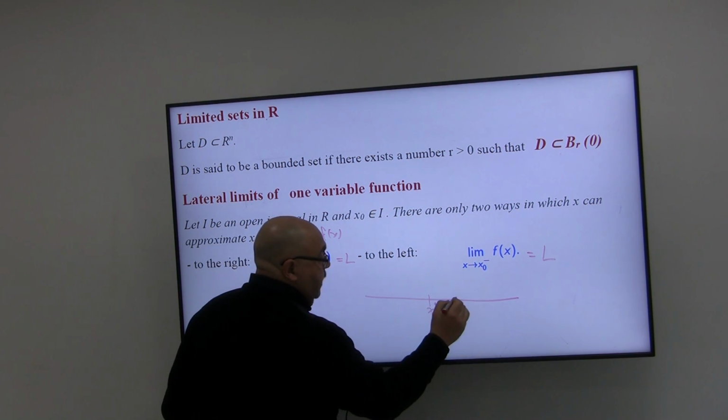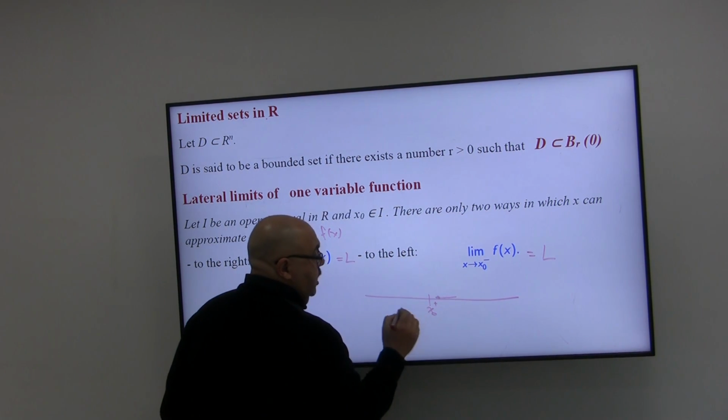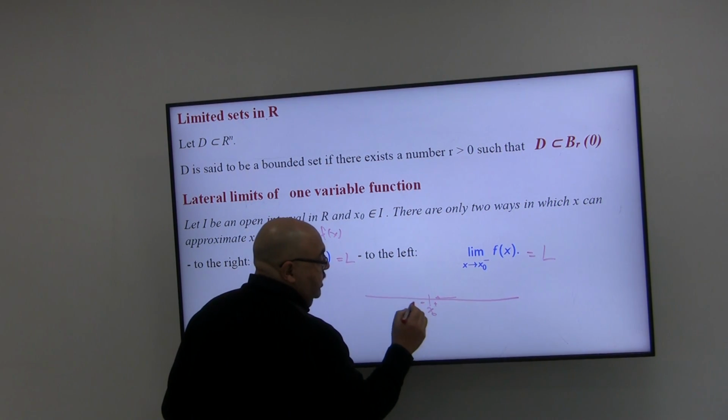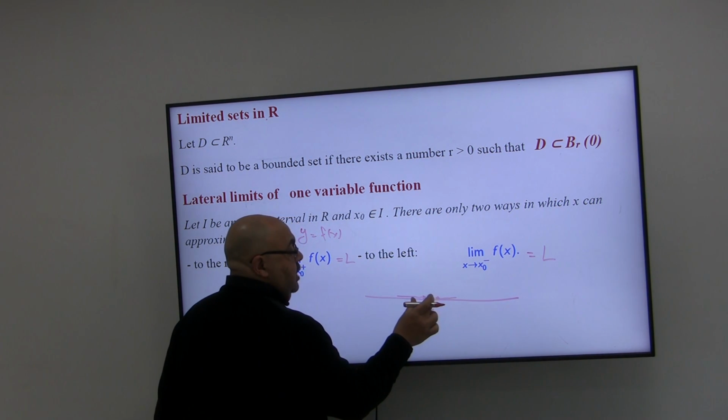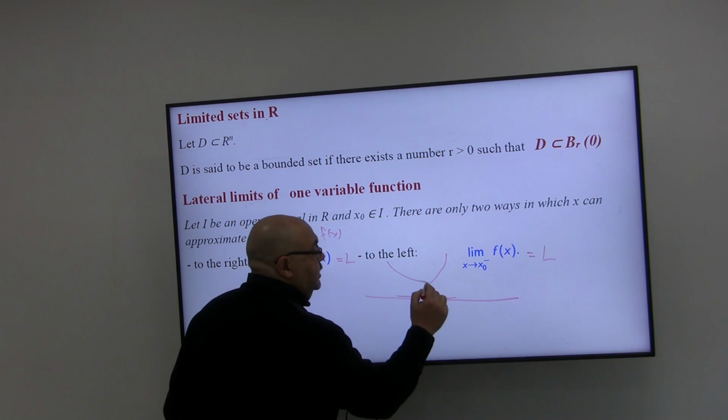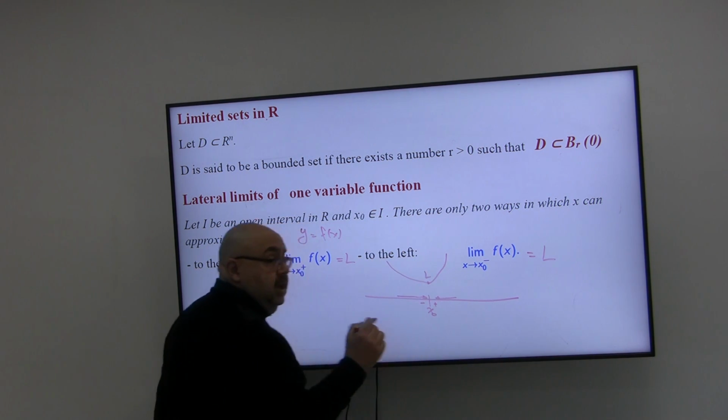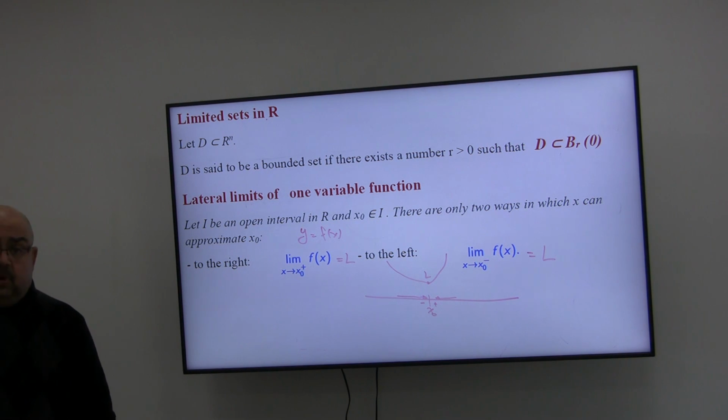These are the values approaching from the right, and these are the values approaching from the left. Once they come together, the value of the function reaches a certain value. In this case, that's the definition of the limit.